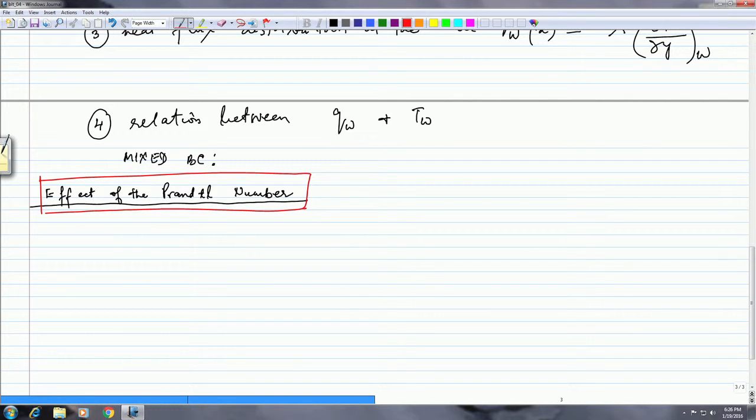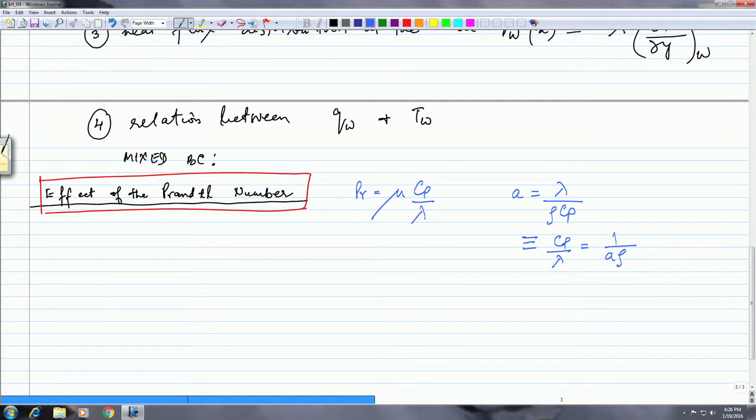Now, previously, when we did this earlier, we know that the Prandtl number was defined as mu Cp by lambda, right? But just now, as we said, for thermal diffusivity, we got A to be defined as lambda by rho Cp, right? So from this expression, I can write Cp by lambda is equal to 1 by A into rho, right?